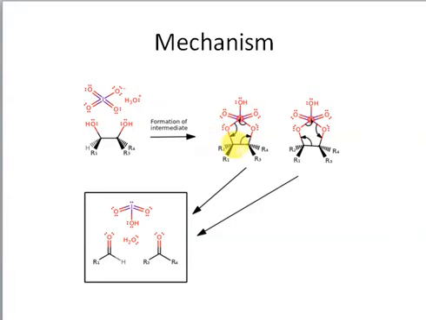And further we get a rearrangement. In this reactive intermediate, the bond between carbon and carbon is shifting, and this bond is going towards this carbon and oxygen. So we are forming a carbon-oxygen double bond here.